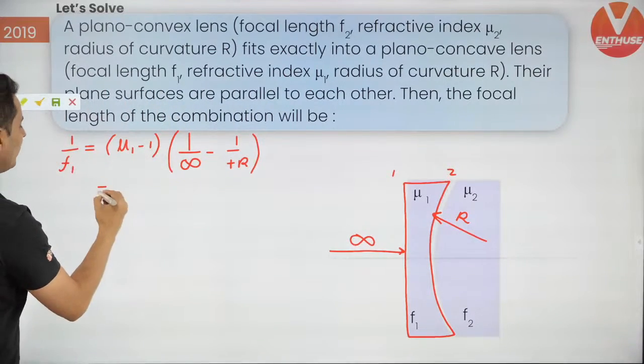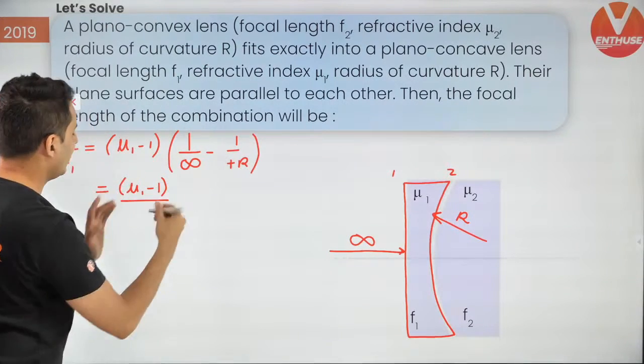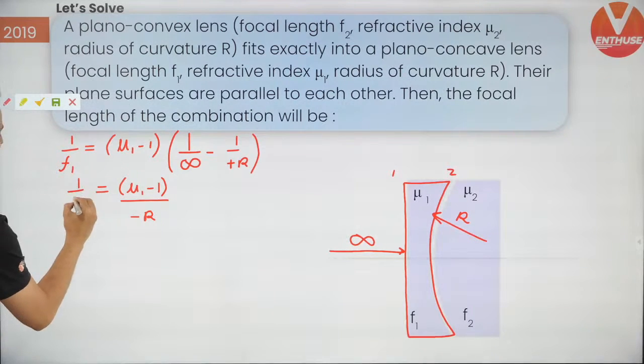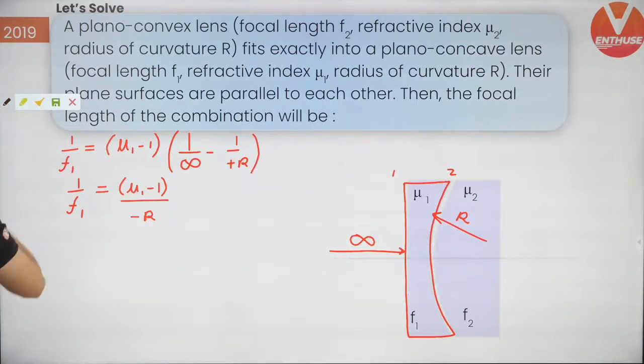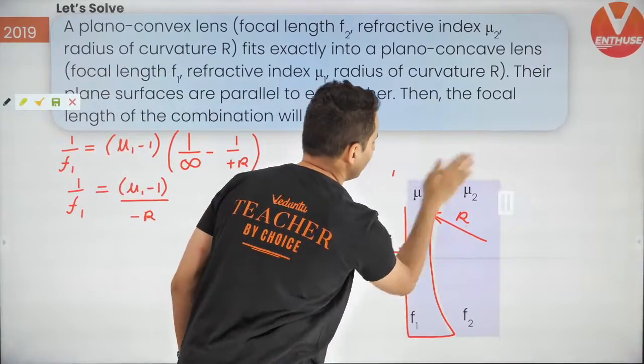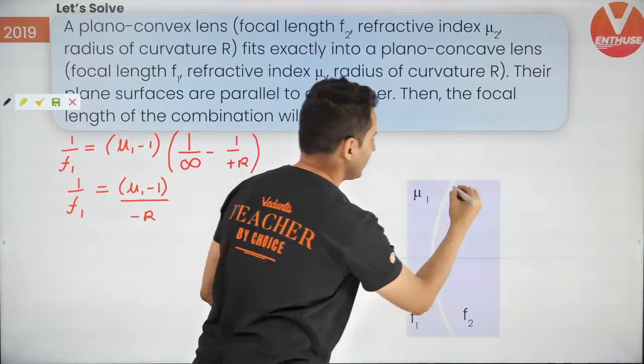So I'll get this as mu1 minus 1 divided by minus r. That is what I'm going to get. So this is the value of 1 by f1. Is that clear? Now, if this is understood, let's try to figure out the next part.